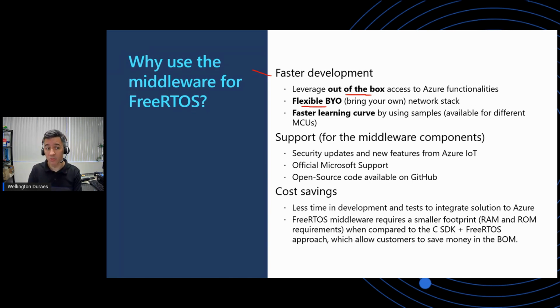As I said before, we have this bring your own network stack, meaning that whichever network stack works better for your platform of choice, you can use that with the middleware. And also because we have a number of samples for several different development kits, that also means learning how to use the middleware is faster as well.